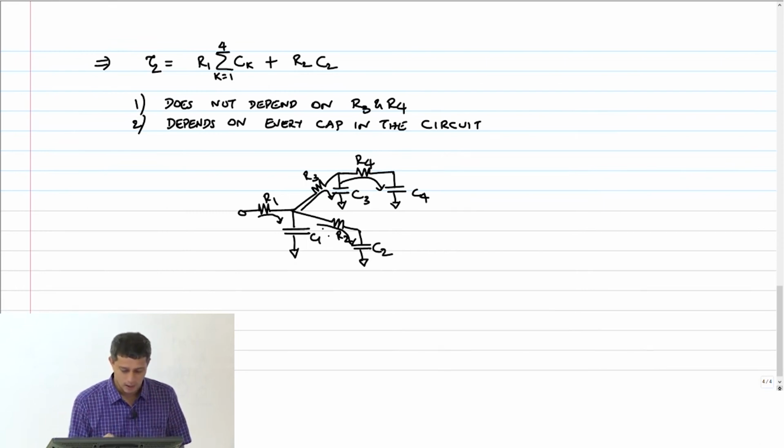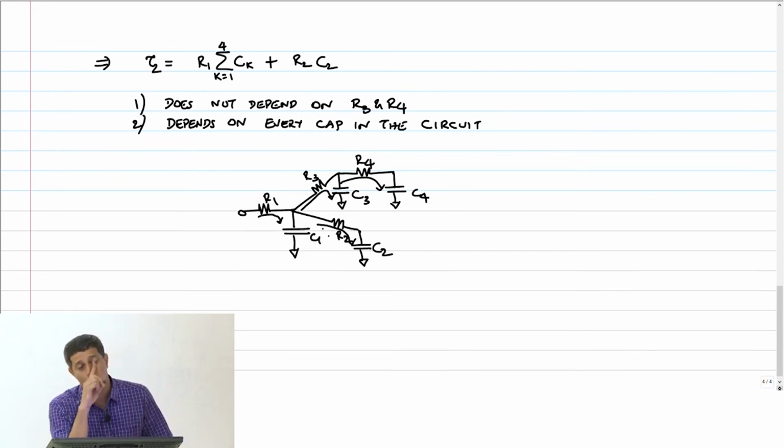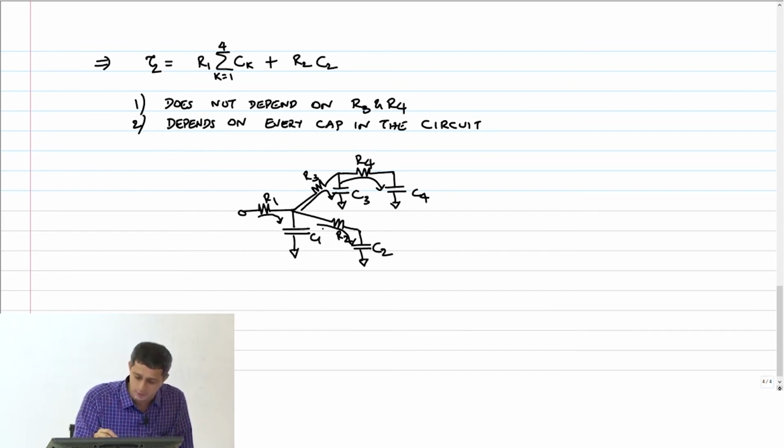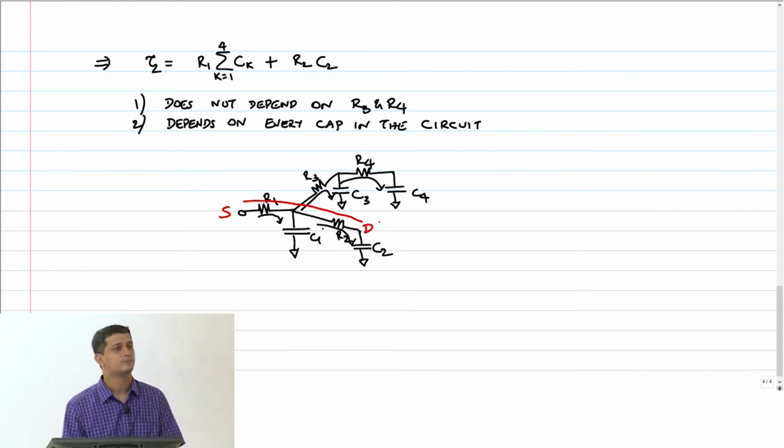However, what's interesting is the delay depends only on the resistance that appear in the path from the source to destination. What is the path from source to destination? I am starting from the source and going here. This is source, this is destination.